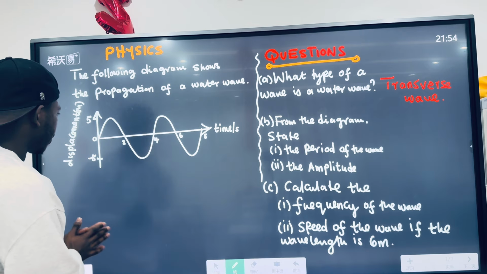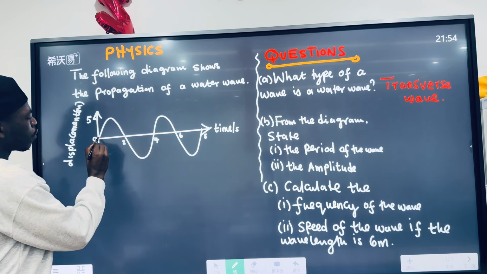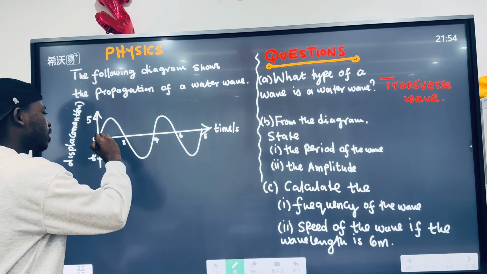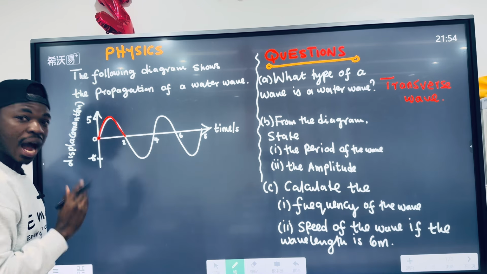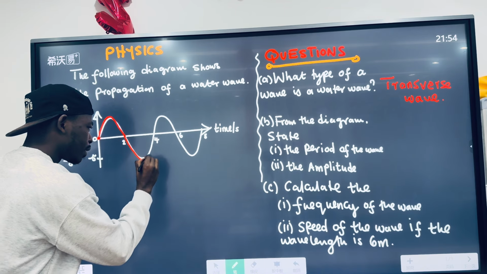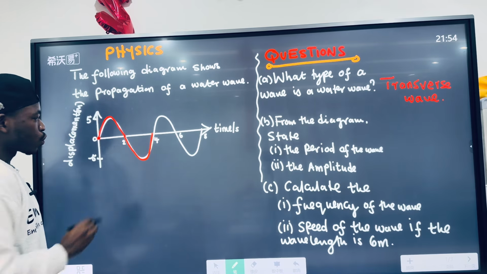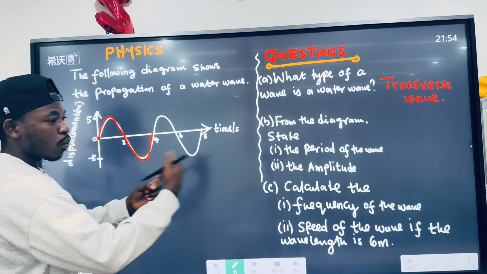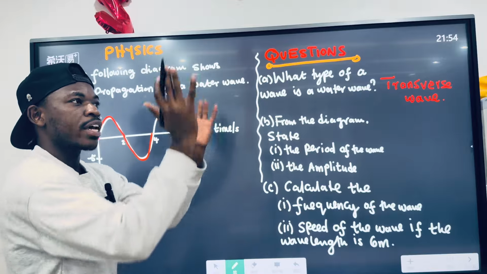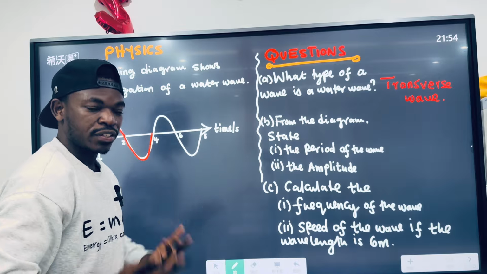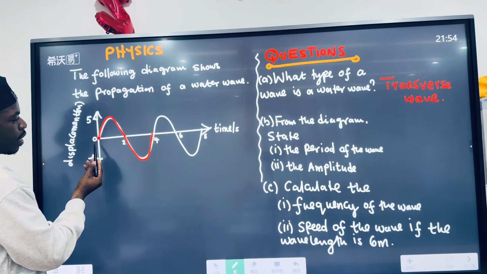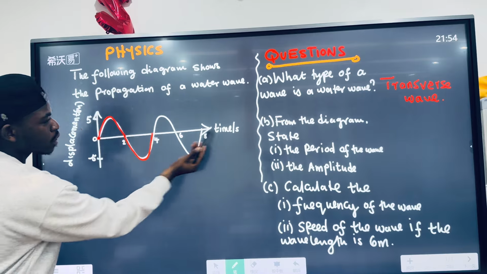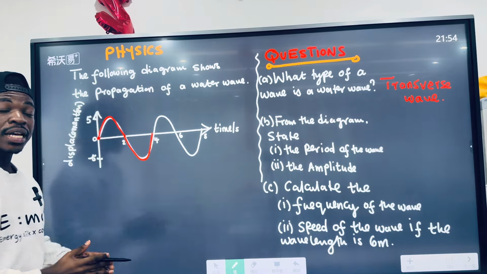Now, a complete vibration from the diagram starts from there. It moves, this is a half vibration, half wave, and it completes its cycle like that. When it repeats itself, when it begins another full cycle, that is a complete vibration. You can see from the diagram that it takes 4 seconds to make that complete vibration.